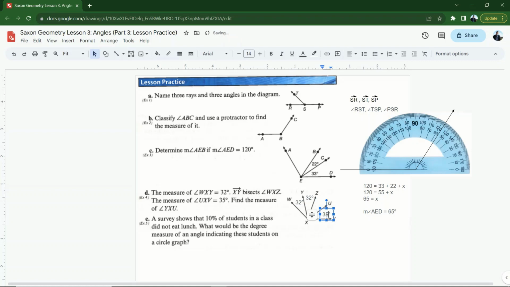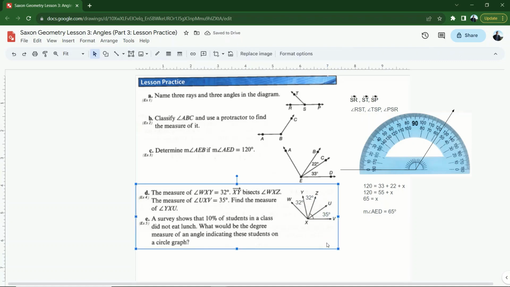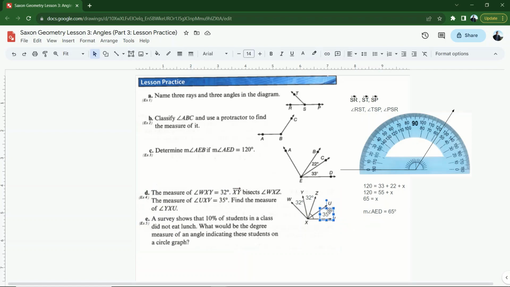So 35 degrees. Do I know the measure of ZXU? Why, I sure do, because there's an arc mark there. And that arc mark indicates that it's the same as UXV. So I'm going to copy this 35 degrees up to here as well. And then the question is, find the measure of YXU.